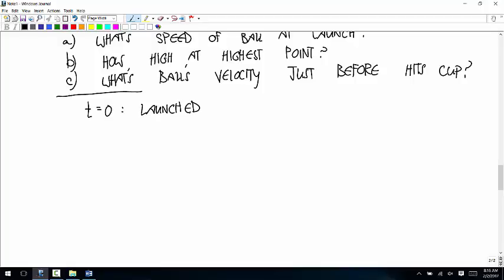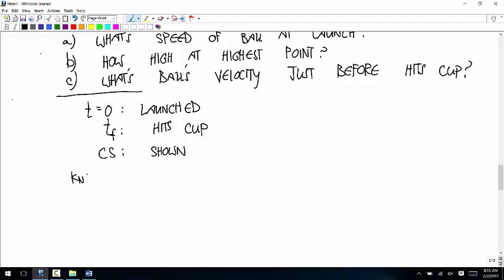What's our time final? You can only calculate things at time initial, at time equals 0, or at time final. So you're making those choices based on where you have information and where you want to find information. And then the coordinate system that we're choosing is shown.